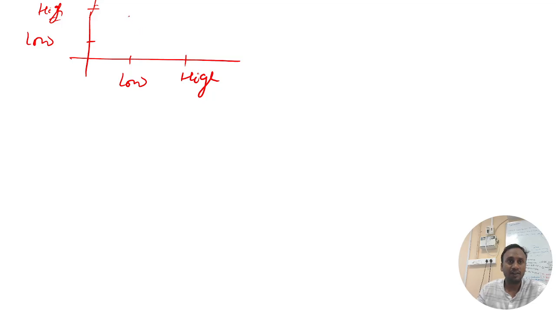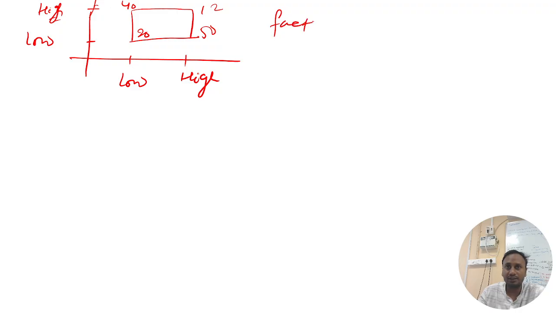Okay, so if we take the values, this is 20, this is 50, this is 40, but here it's a 12. Is it? So this will be called a factorial design with interaction.